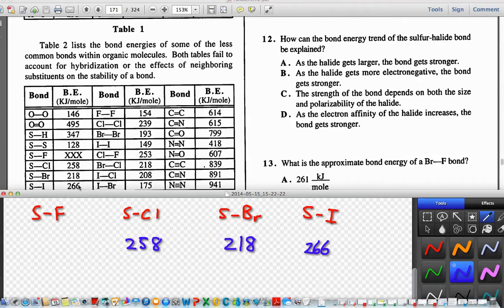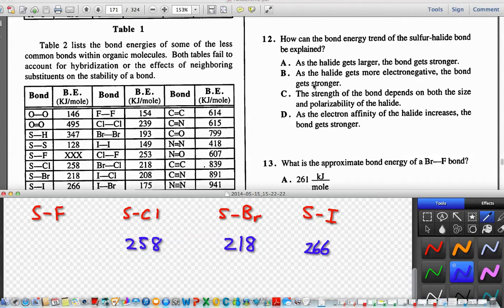Okay, so as the halide gets larger, the bond gets stronger. No, not necessarily. Because bromine is larger than chlorine, but the bond strength's going down. So we've got to have something that is rather complicated. A is too simple.